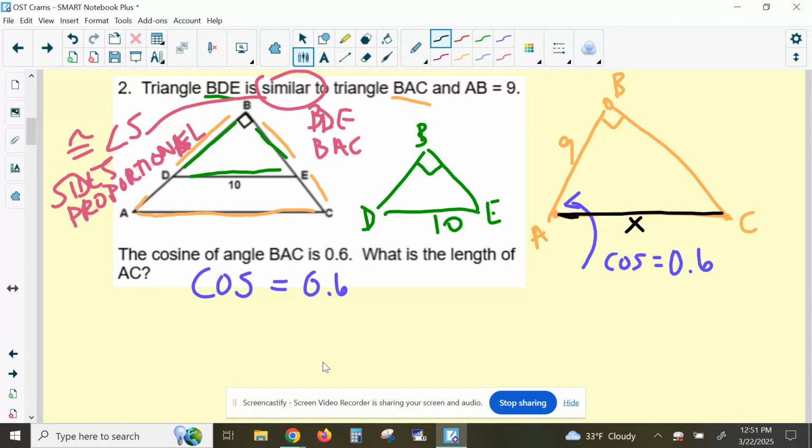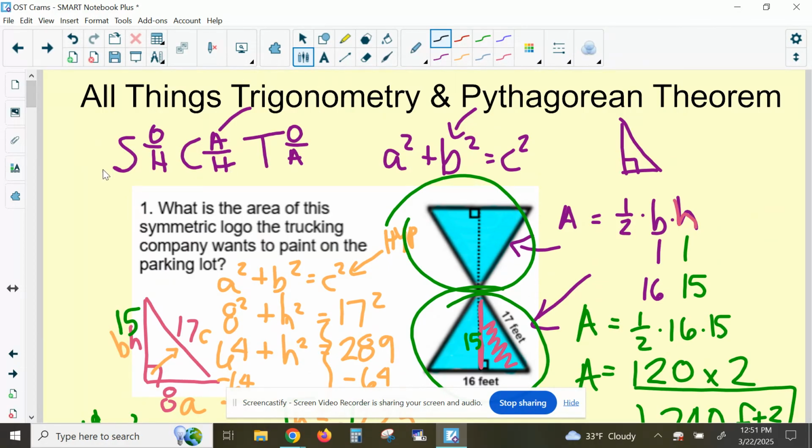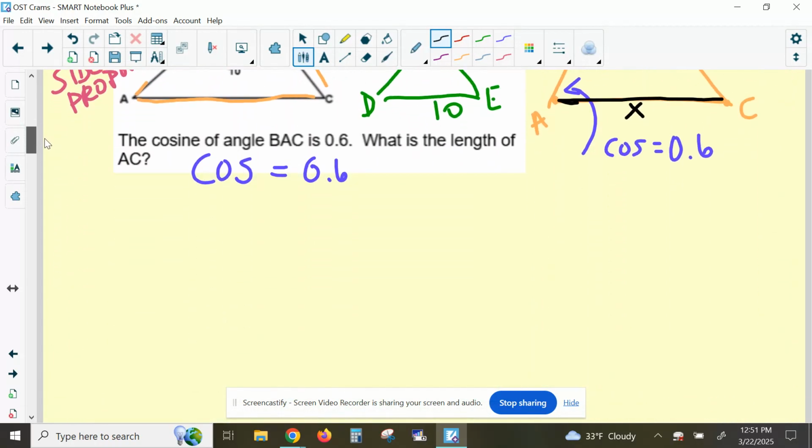Okay, so we have to stop and think. What do we know about cosine? Well, if you saw this right triangle, you would have obviously written this at the top of your page. So cosine is adjacent over hypotenuse. Let's write that down. Cosine equals adjacent over hypotenuse. So we know that 0.6 is the adjacent over the hypotenuse.